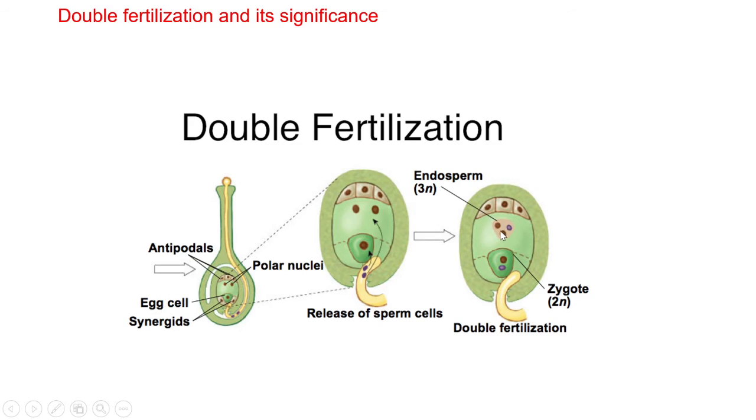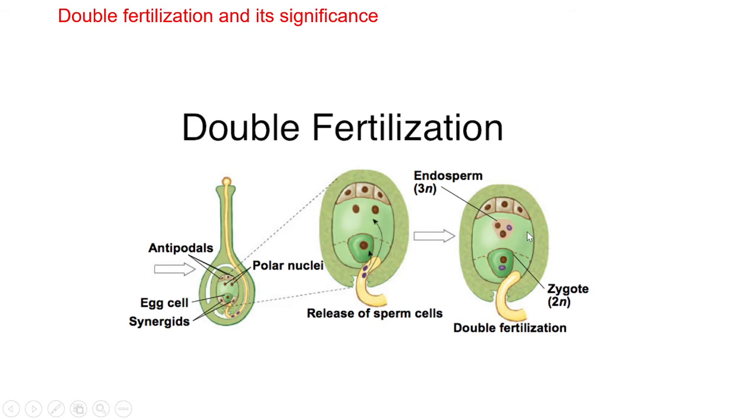These two polar nuclei fuse with the male gamete or sperm. This diploid structure is called the secondary nucleus. One male gamete is haploid, and this is the diploid secondary nucleus.